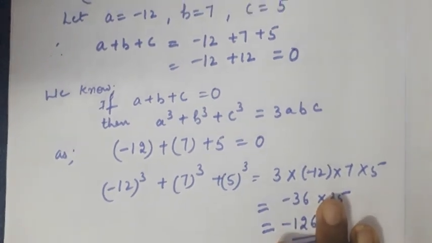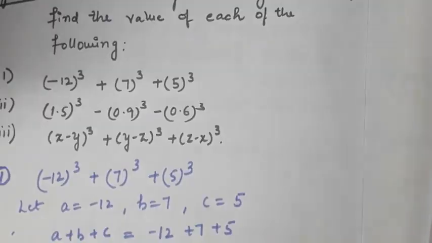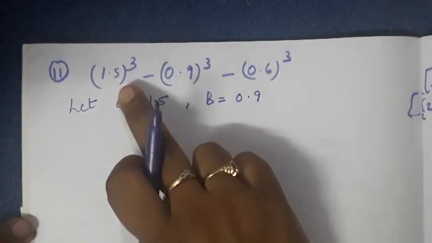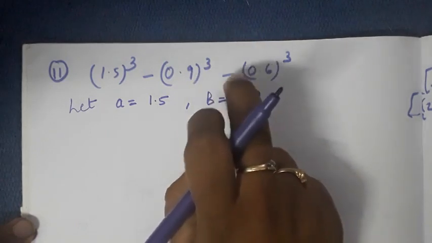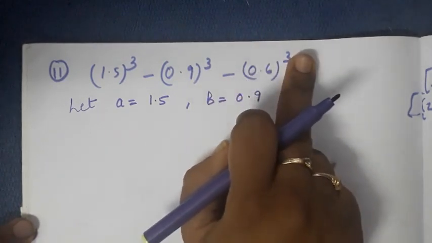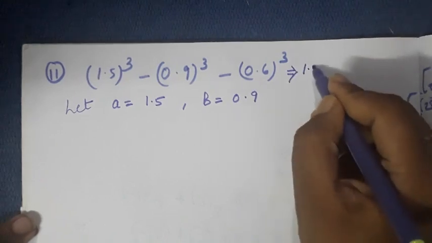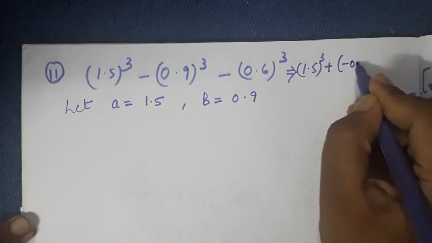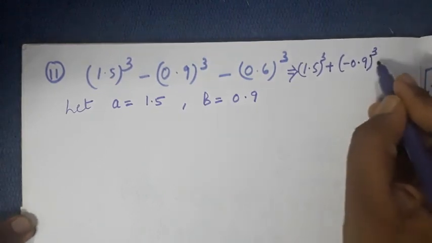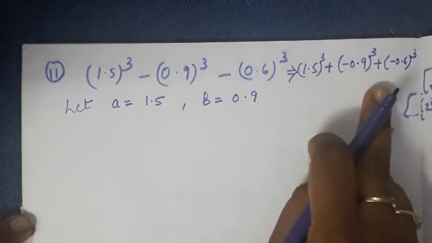In the same manner, we will proceed to do the second part. So here the question is (1.5)^3 + (-0.9)^3 + (-0.6)^3.